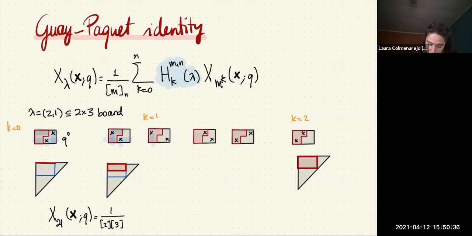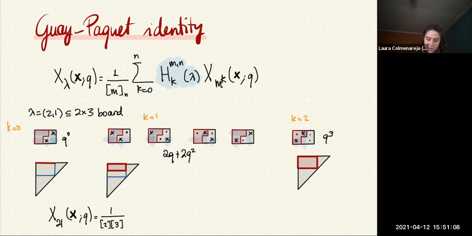So if I just do this for all of them, here I have 1, here I have 2, another 2, and another 1. So I have 2 times q plus 2 times q squared. And in this one, I have 3. So I have q to the q.